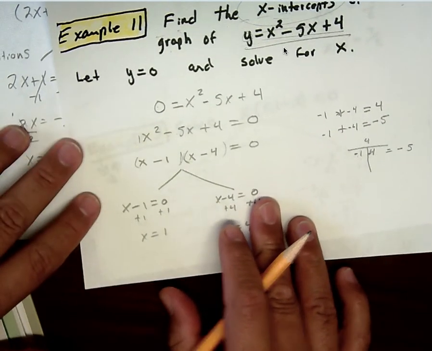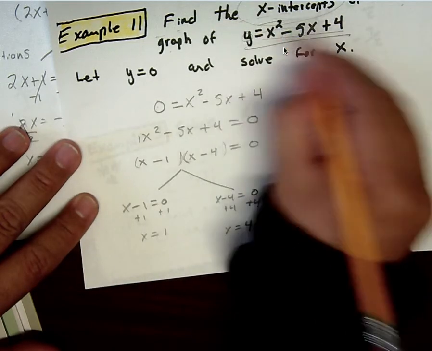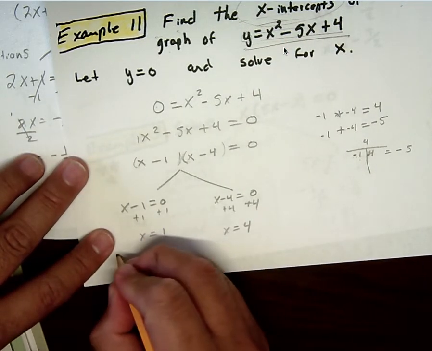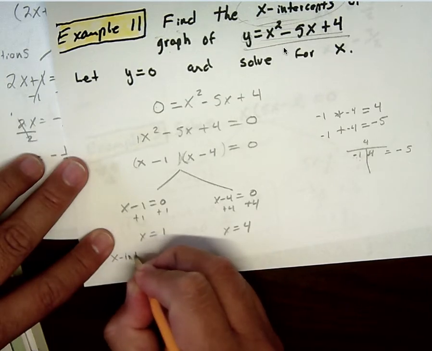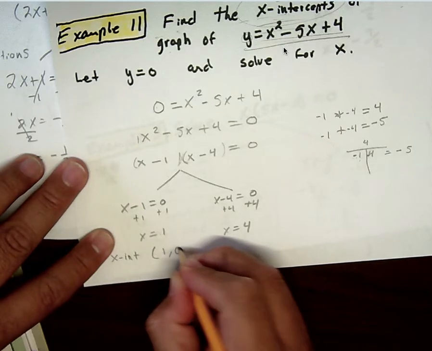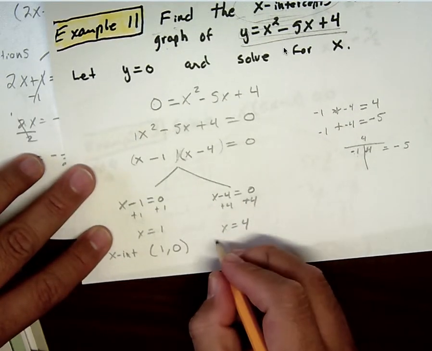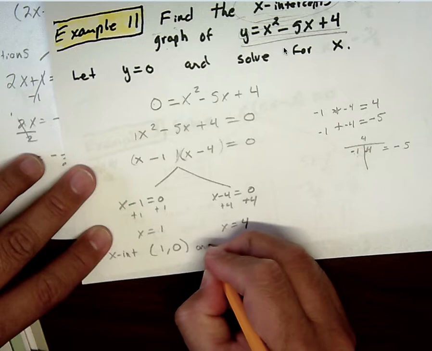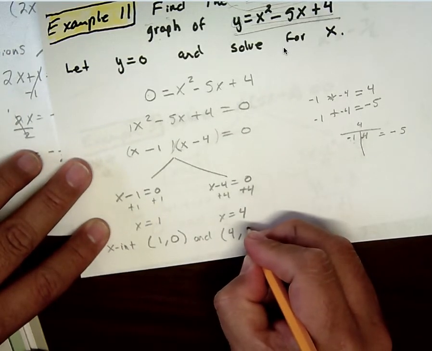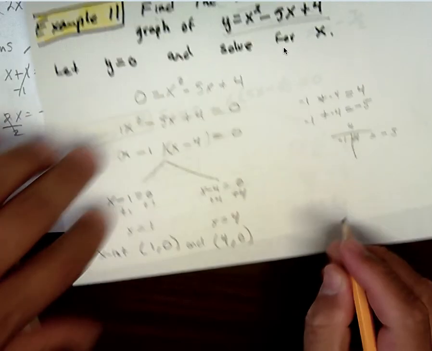Now, for x-intercepts, remember we write them like this. This one would be 1, and the y is always 0. And for that one, it would be 4, and the y is always 0.